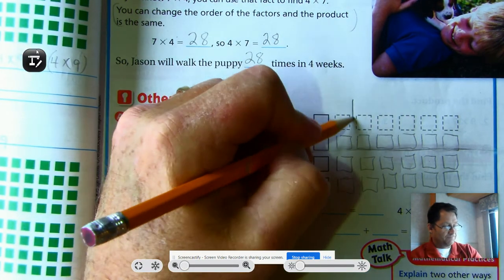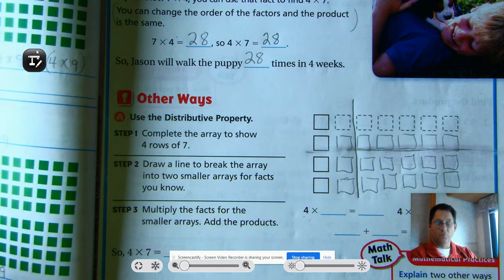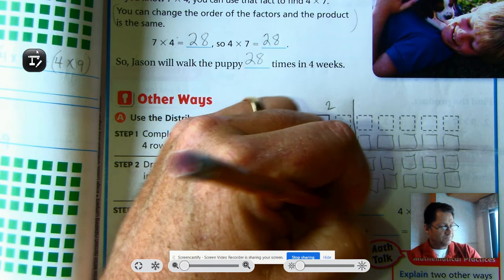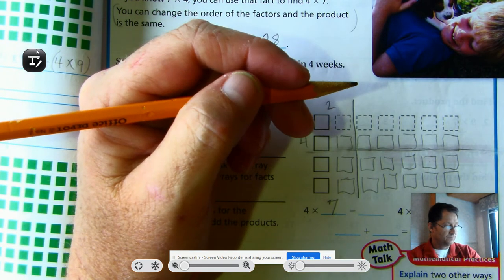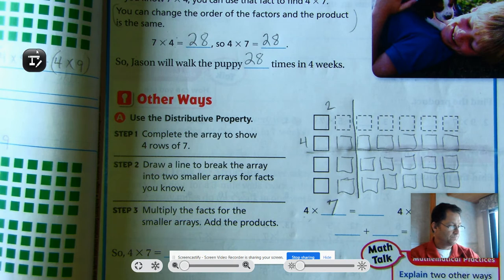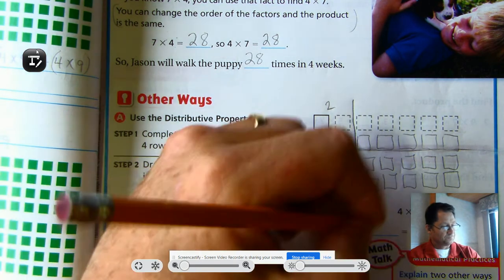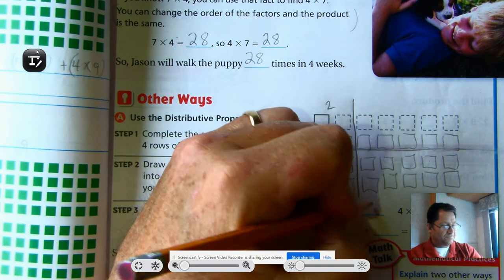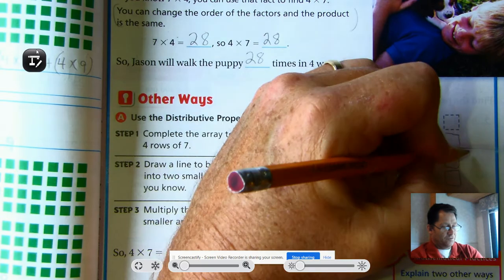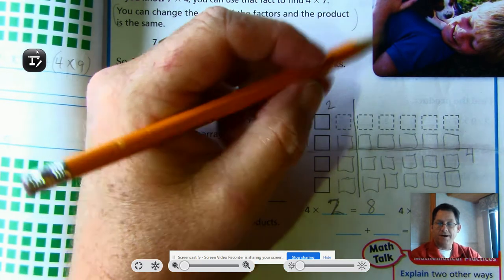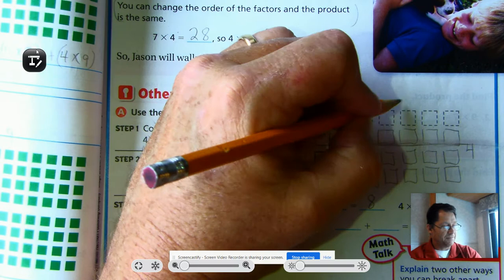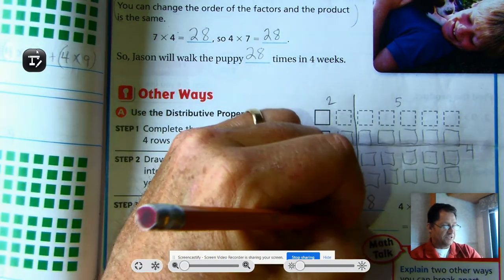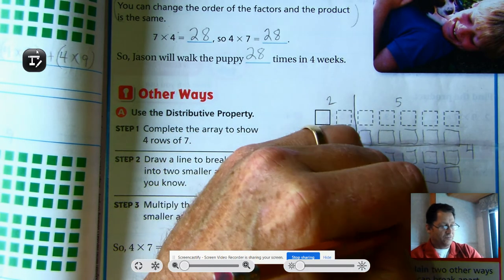We could do 4 times 2. 4 times 2 is 8. And in the other side, this next array, we have 4 times 5. And 4 times 5 would be 20. So now we can just add 8 and 20, and we get 28.